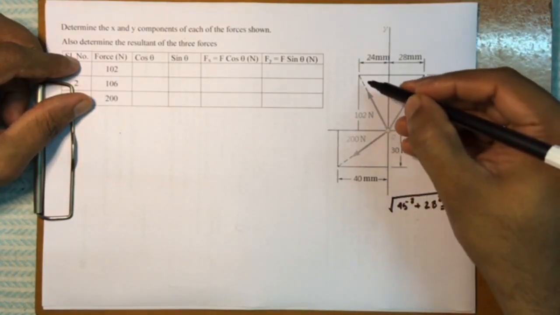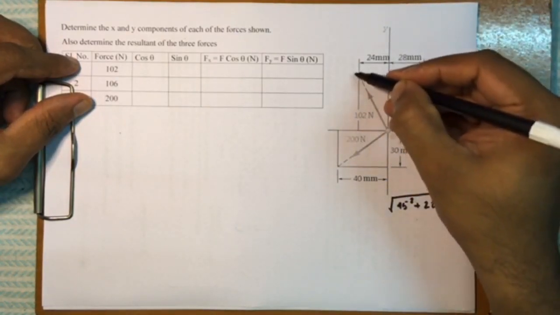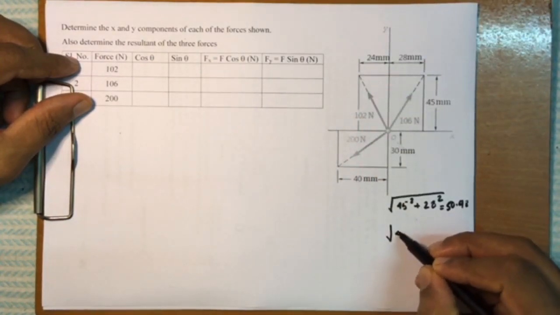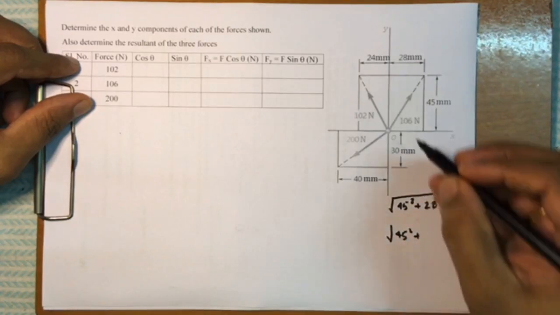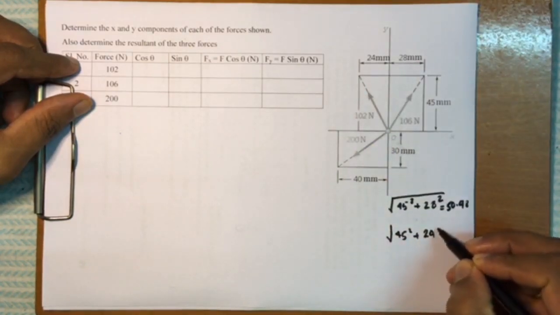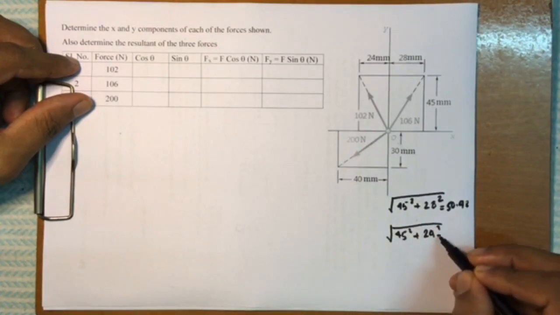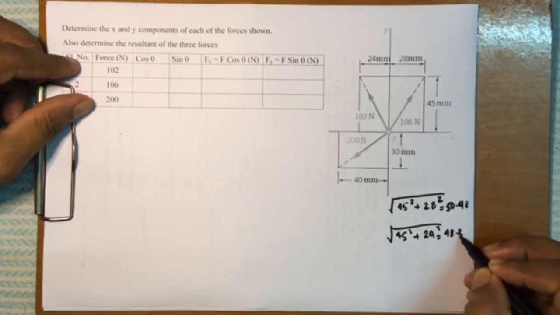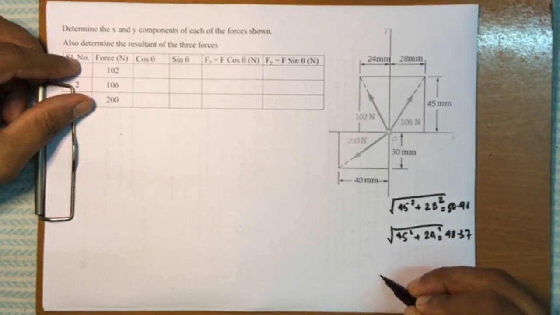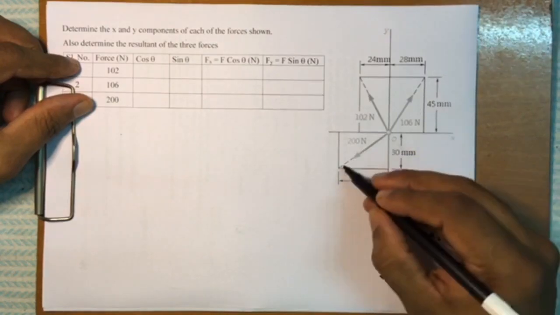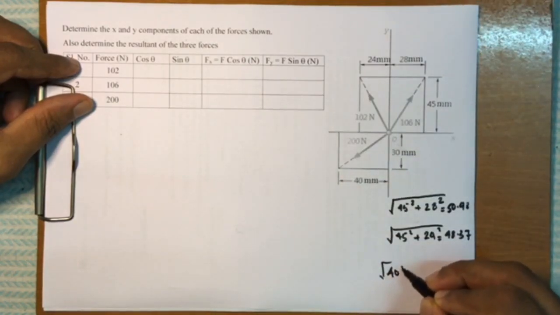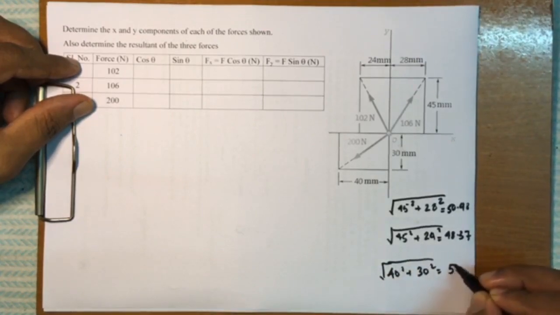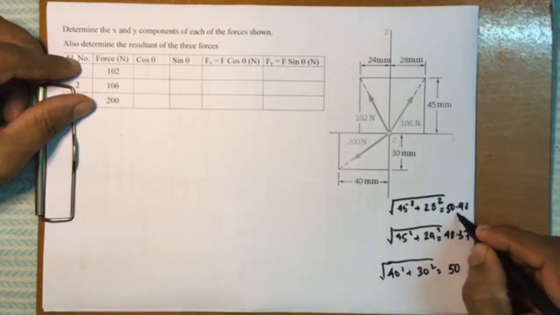The next hypotenuse length, for the 102 Newton force, would be the square root of 45 square plus 24 square. This will be 48.37, and the last length, for the 200 Newton force, is the square root of 40 square plus 30 square, which will be 50. All these are in mm.